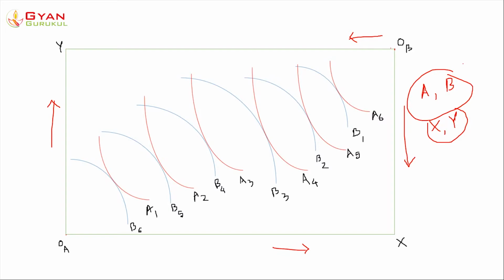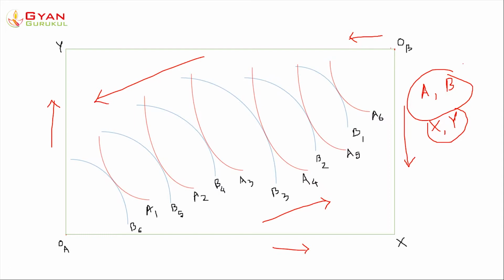So in the case of consumer A, the indifference curves are rising this way, but from the point of view of B it is different. The utility level shown by B1 is very less as compared to the utility level denoted by B6. So the indifference curves for consumer B are rising this way, from right to left. Clear?